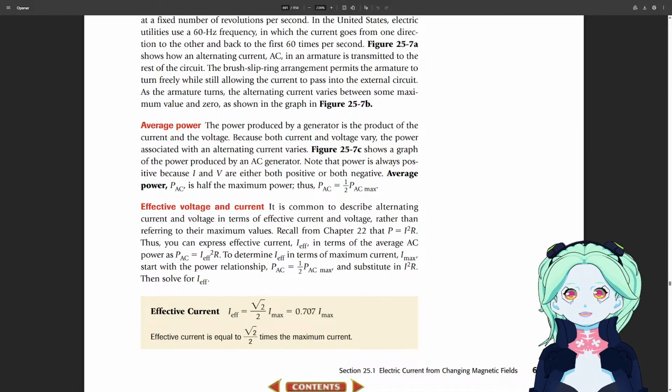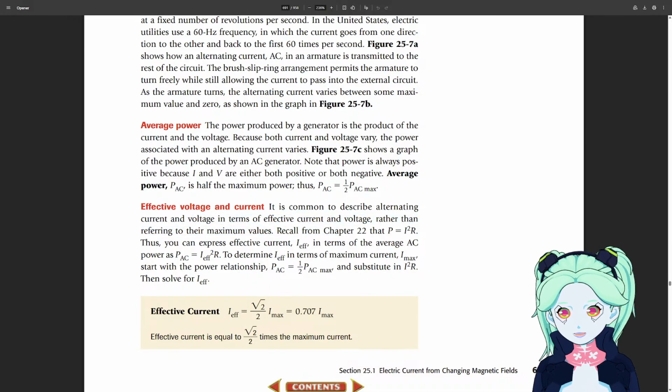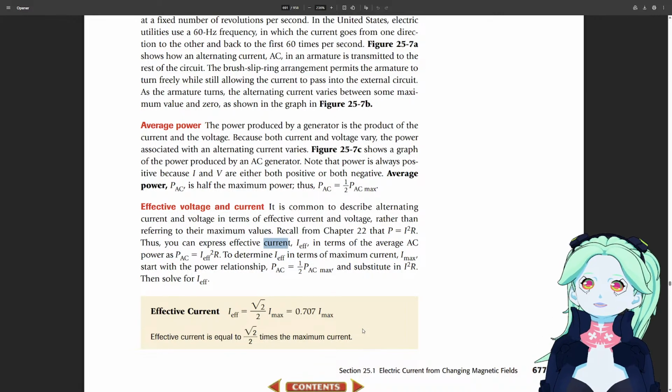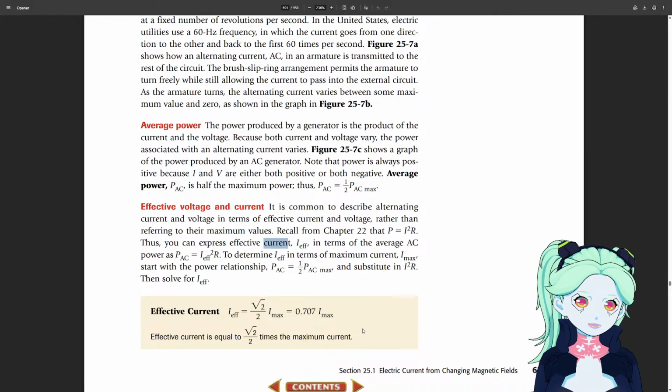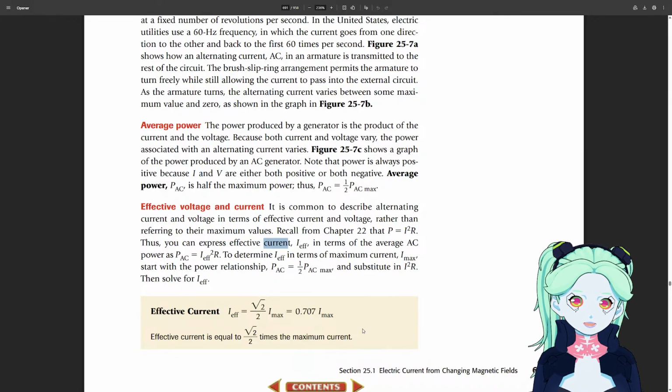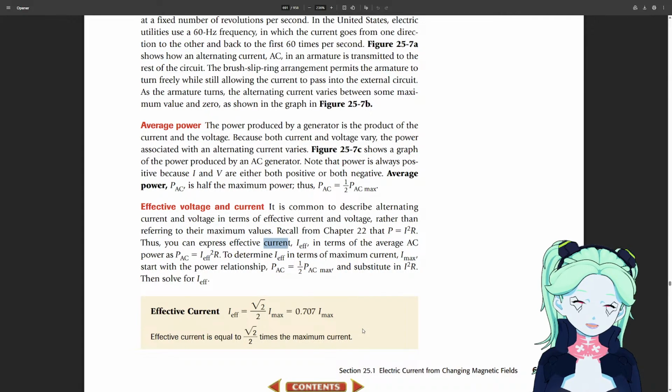It's common to describe alternating current and voltage in terms of effective current and voltage rather than referring to their maximum values. Recall from chapter 22 that P equals I squared R. Thus, you can express effective current in terms of the average AC power as P_AC equals I effective squared times R. To determine I effective in terms of the maximum current, I max, you know that P_AC is equal to one half I max squared R. Oh, I see.